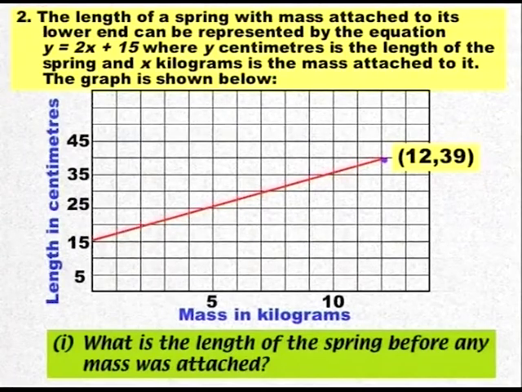The graph is shown below. You are shown also a point 12, 39. On your worksheet, you will have to answer the questions that follow. They're not on the screen. Just answer them first and then we'll go through those.